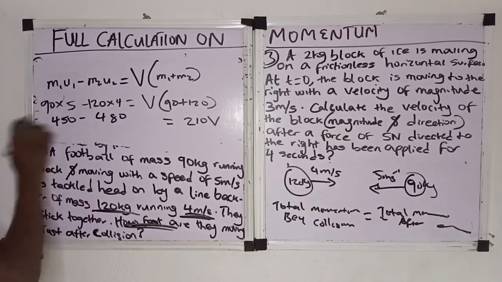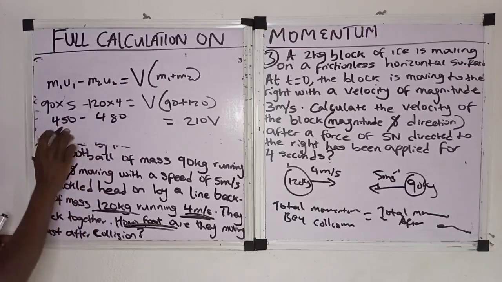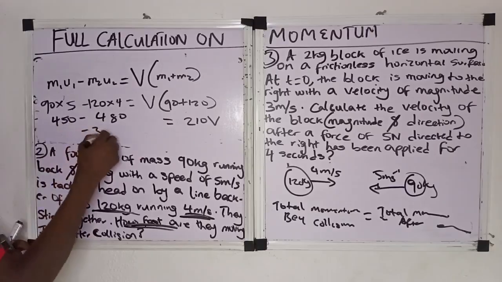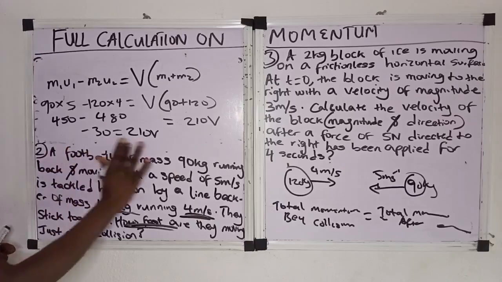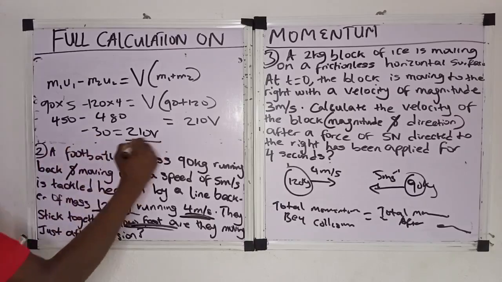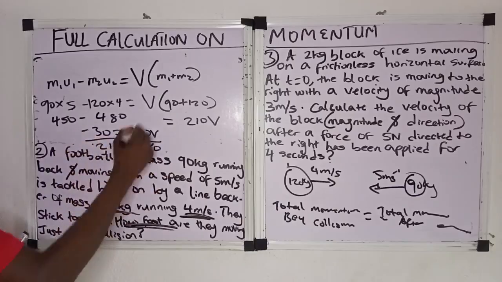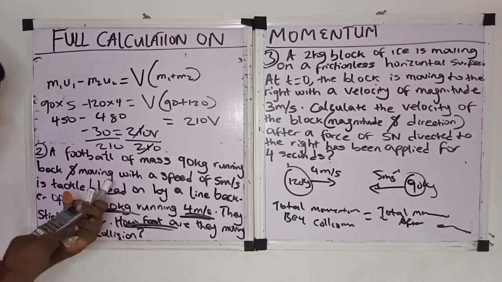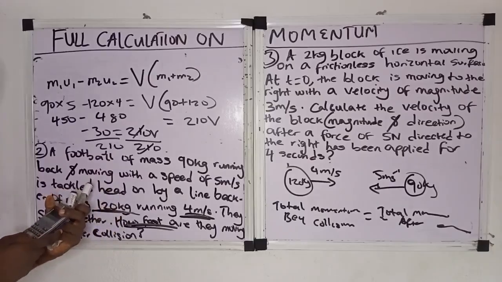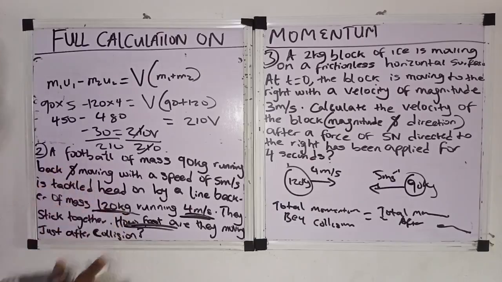So if you subtract, 450 minus 480 gives us minus 30. So it is equal to 210 V. What are we going to do next? We divide both sides by 210. Minus 30 divided by 210 gives us minus 0.142.